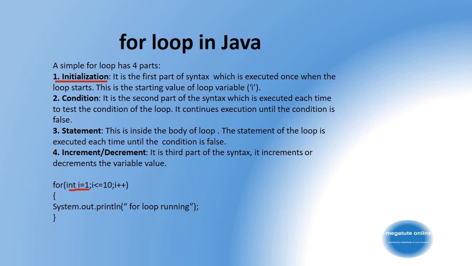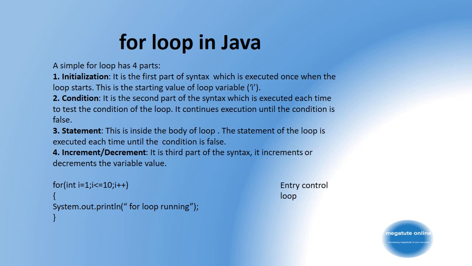When you talk about the condition, it is the second part of the syntax which is executed each time to test the condition, that is I less than equals to 10. When we talk about the statement, the statement means whatever is written inside the body of the loop. And when we go for the increment and decrement, this is the update part in a loop. So basically a loop has four parts altogether, but the syntax has three parts. All right.